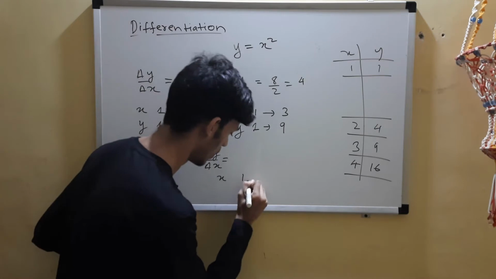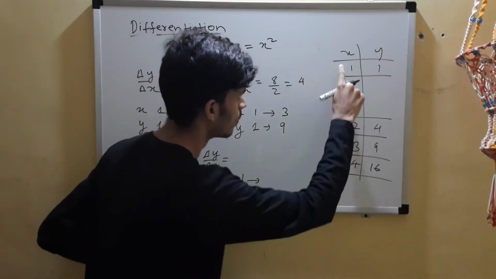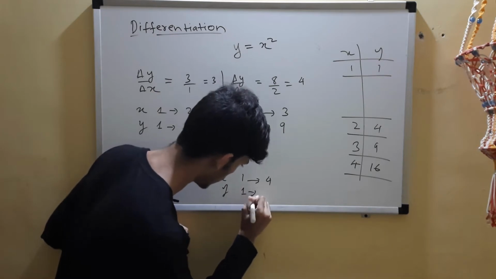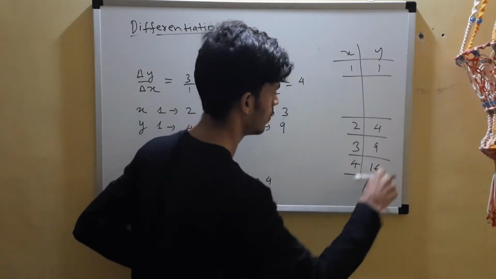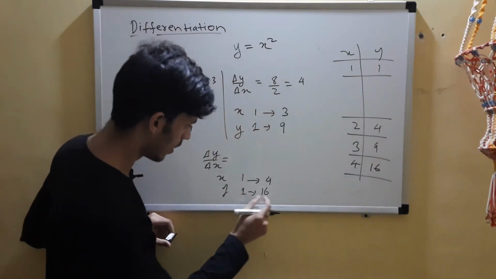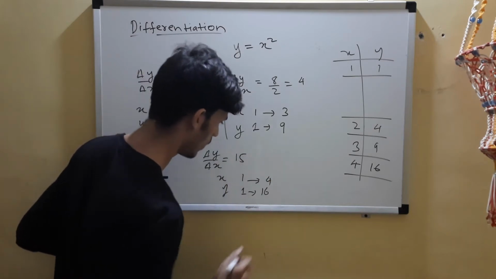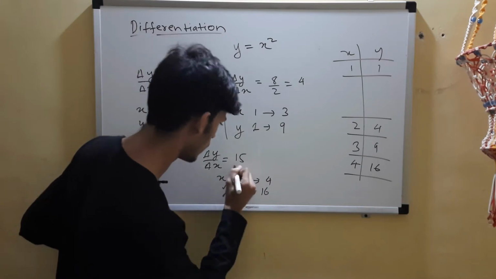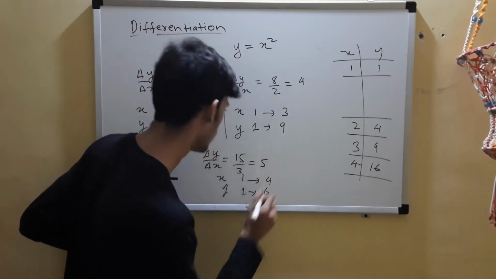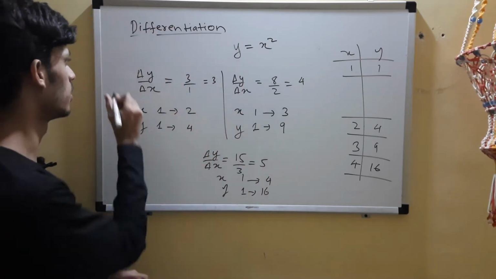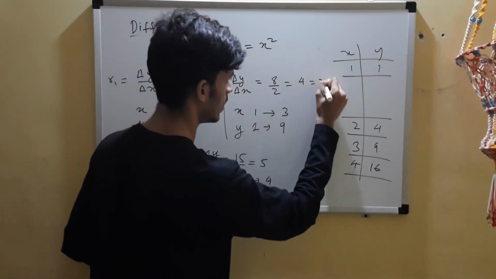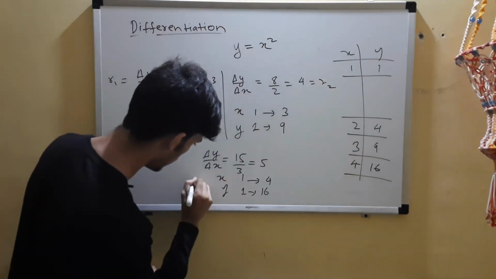In this case, x changes from 1 to 4, so y changes from 1 to 16. Delta y is 16 minus 1, which is 15, and delta x is 4 minus 1, which is 3, so the rate is 5. It goes on increasing. Call these rate 1, rate 2, and rate 3.